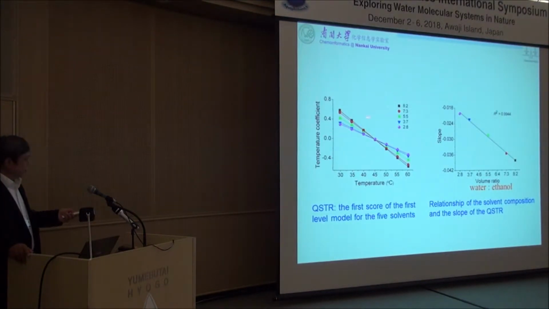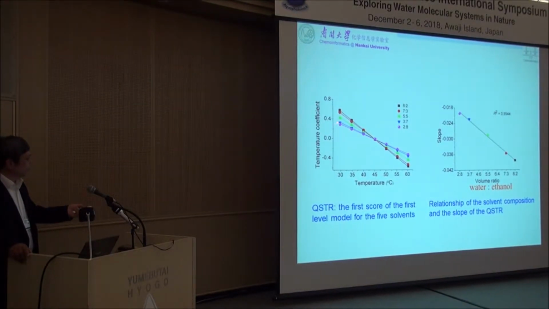This is the result. For each solvent, we can obtain a straight line relating the temperature and the scores of PCA. So this means the spectra contain the quantitative information of temperature. So we can predict temperature using this line.